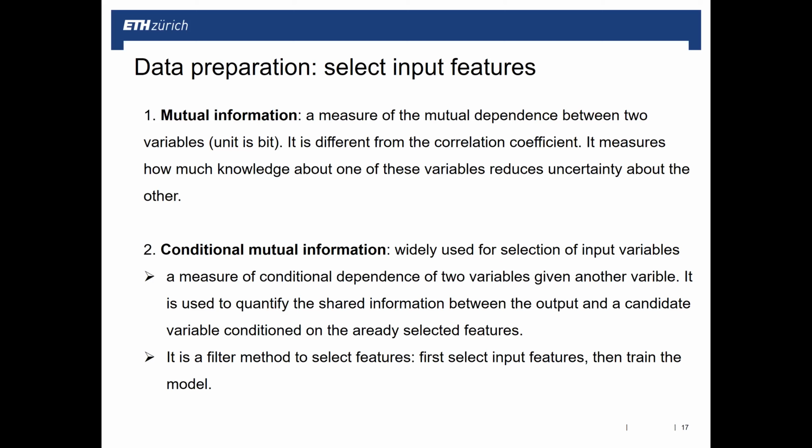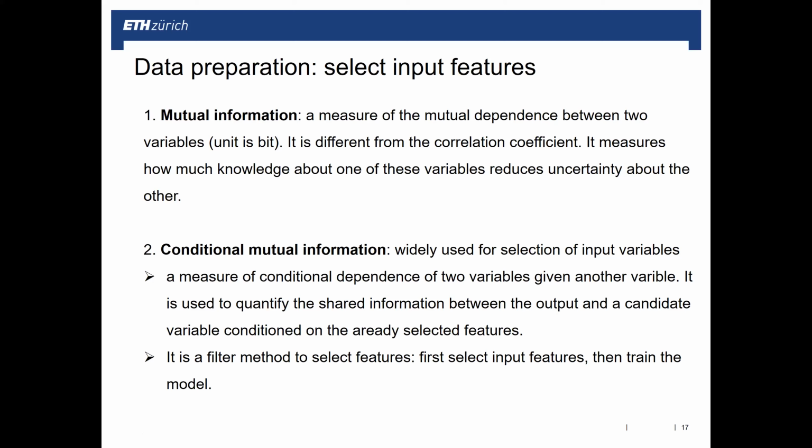Because every time we select important features corresponding to high mutual information, we need to use conditional mutual information. If we have already selected one input feature, the next time we calculate the mutual information between all the remaining variables and the groundwater level, based on the selected input feature.